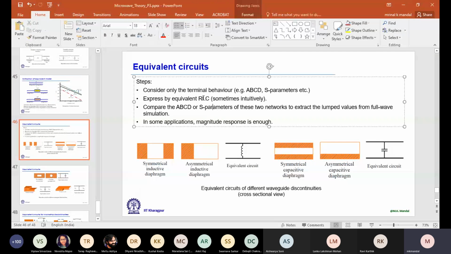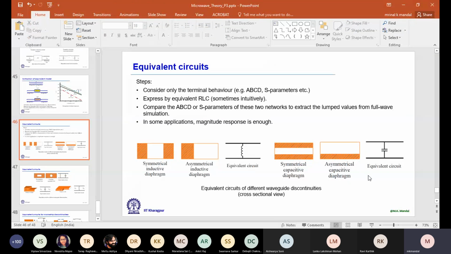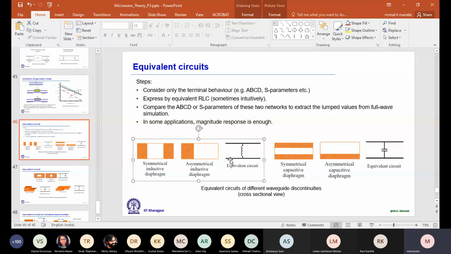Well, so this step actually I summarized here. You can do it in terms of ABCD parameters also. And some of the popular structures and their equivalent circuits I represented. Again, a simple one. Here we have a rectangular waveguide, and what we are doing, we are changing the width of the rectangular waveguide by putting a metal plate.